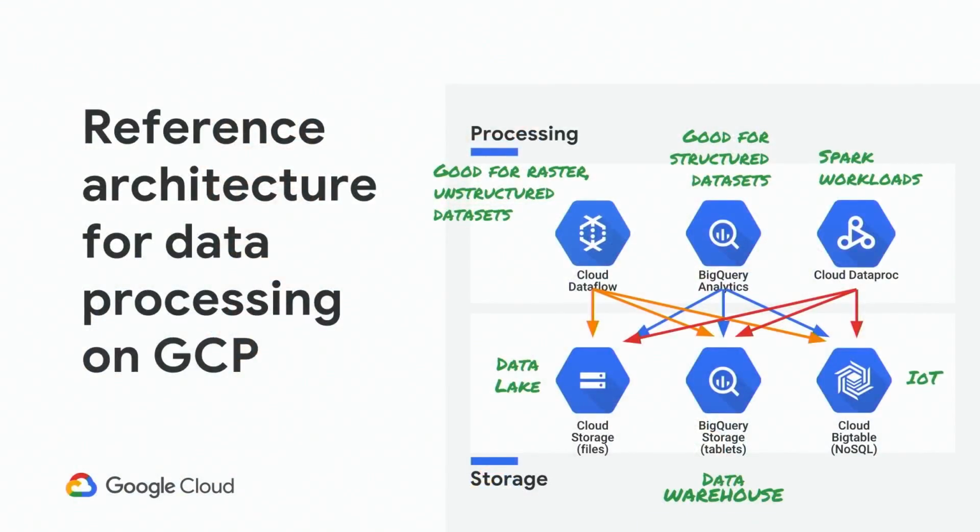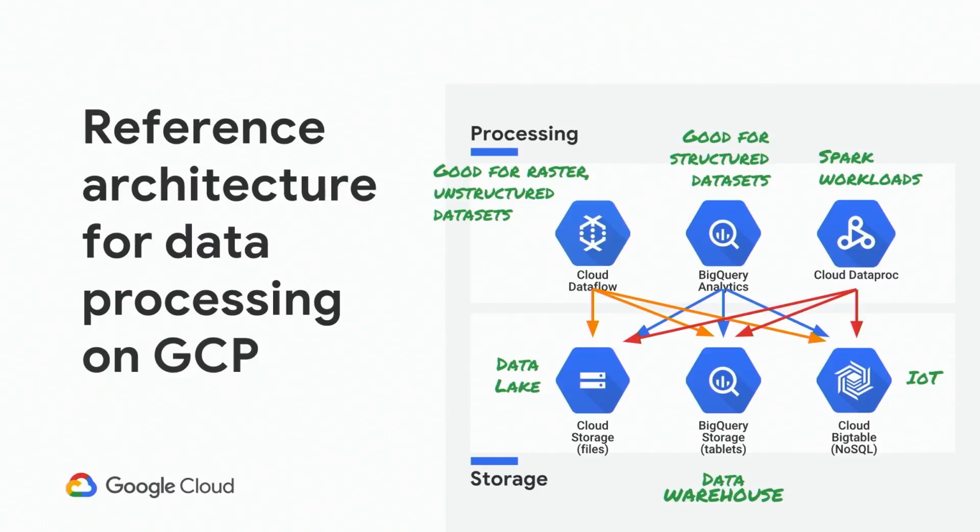Great. So as Gaurav pointed out, there's an architecture, you saw a whole bunch of hexagons, so let's fill out the architecture some more. The key idea is that you store your data on a data lake, Google Cloud Storage, or in a data warehouse in BigQuery, or, if you have real-time Internet of Things data, in something like Cloud Bigtable.